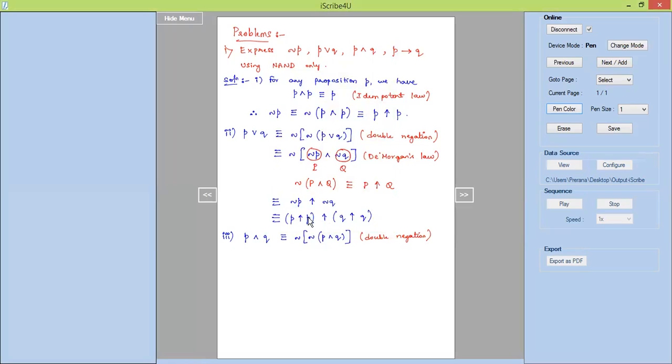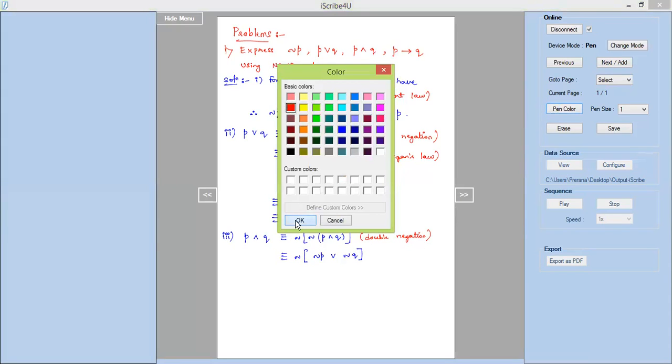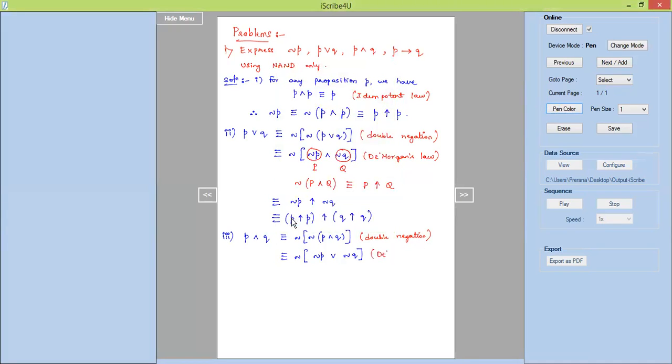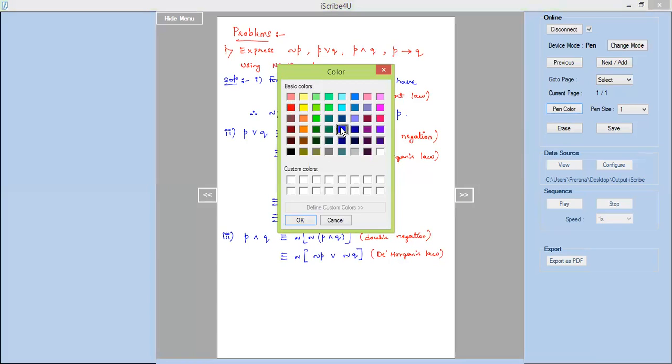Next, again we will use De Morgan's law within the big bracket. Within the big bracket, we will use De Morgan's law and write this down as negation of negation P or negation Q. Using De Morgan's law, we have obtained this.